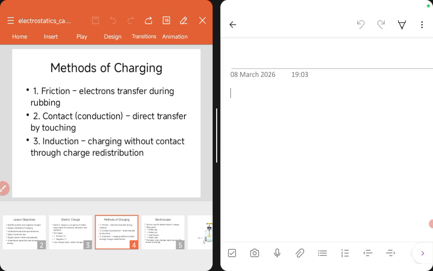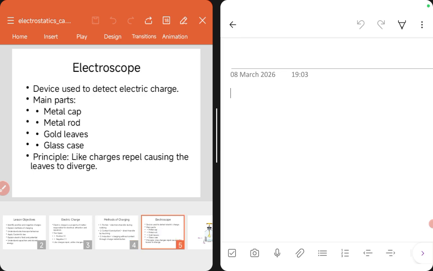Now, the next one is called charging by induction, in which the bodies are not touched to each other, but instead there is what? There is an exchange or a redistribution of charges.